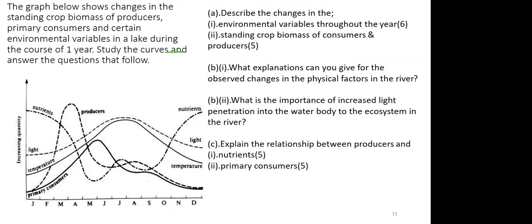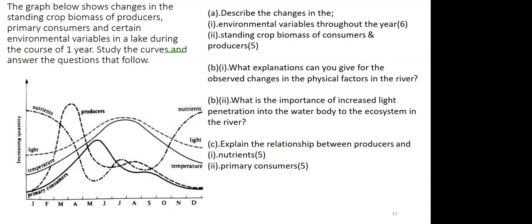So that's what I want us to get very well: from January to about the end of March, the producers' population rises rapidly, which results in a rapid increase in the primary consumers' population.